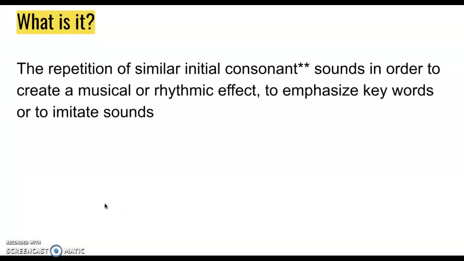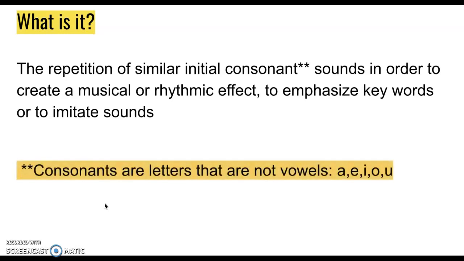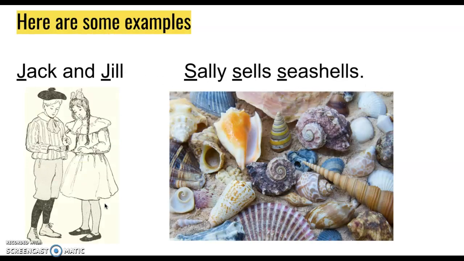I enjoy alliteration. So alliteration is the repetition of similar initial consonant sounds in order to create a musical or rhythmic effect, to emphasize keywords or to imitate sounds. Reminder, consonants are letters that are not vowels, A, E, I, O, or U. So here are some examples. We've got Jack and Jill. You see the J's repeated.